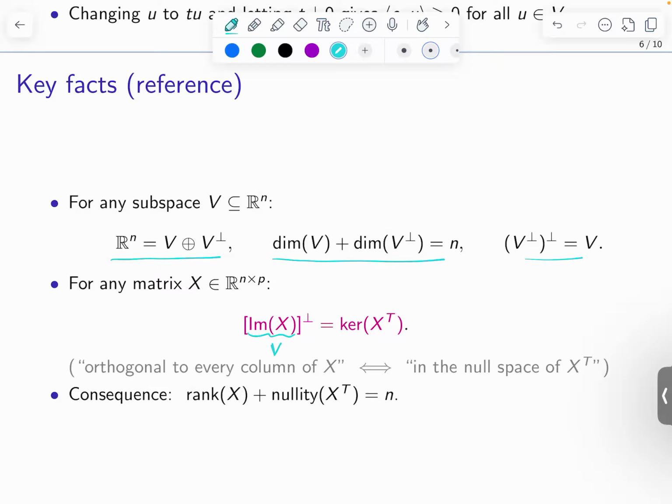But the fact that the image of X is perp to the kernel of X transpose means that if you apply this result, the dimension of the subspace plus the dimension of V perp is equal to the dimension of the whole space. If you apply it to this, you'd see that the dimension of the kernel of X transpose, which is the nullity of X transpose, plus the dimension of the image, which is the rank, is going to be equal to n, if X is n by p.